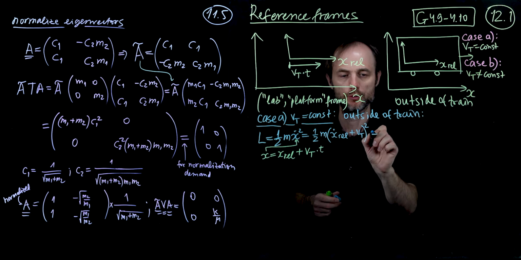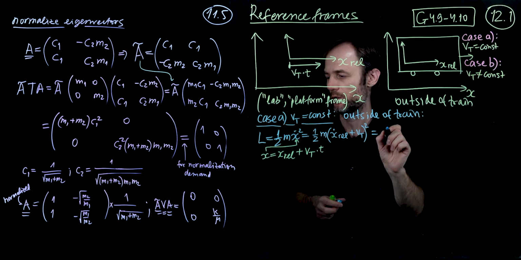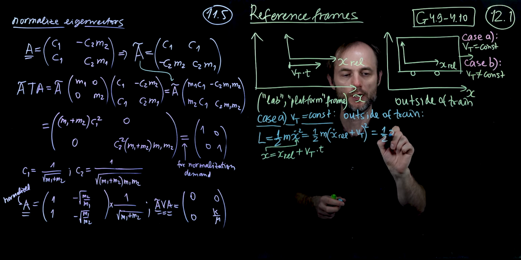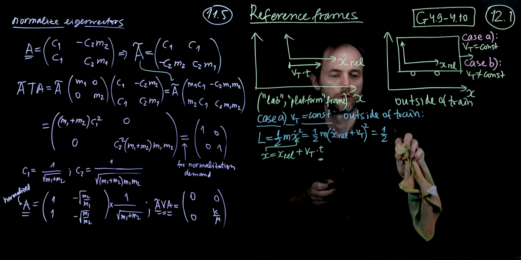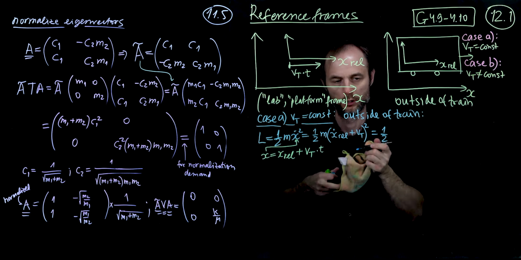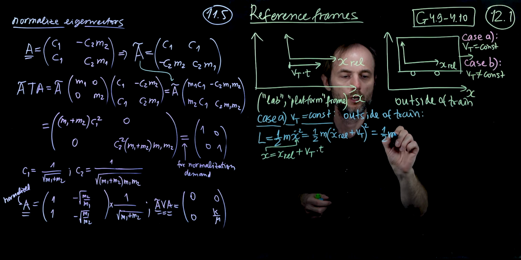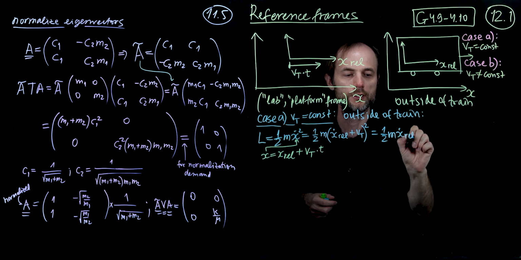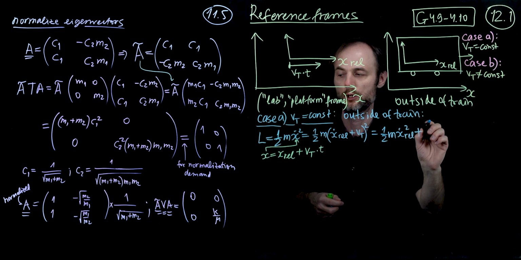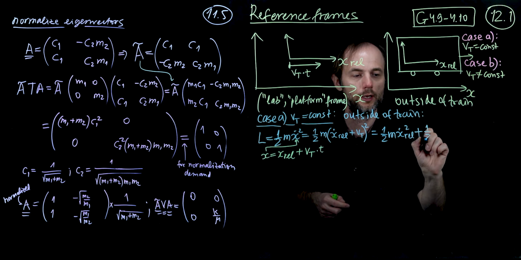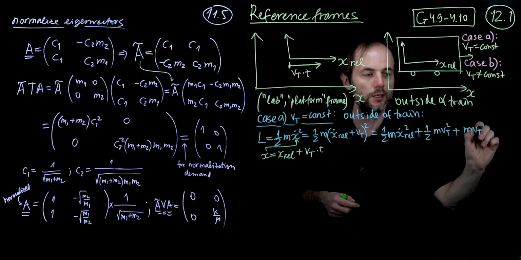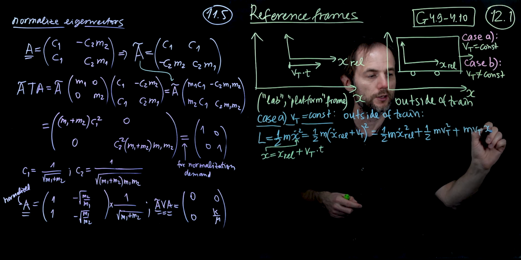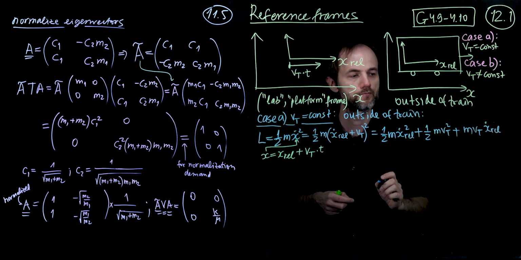Now we're going to expand this, and we're going to get 1/2 m xrel dot squared plus 1/2 m vtrain squared plus m vtrain times xrel dot.